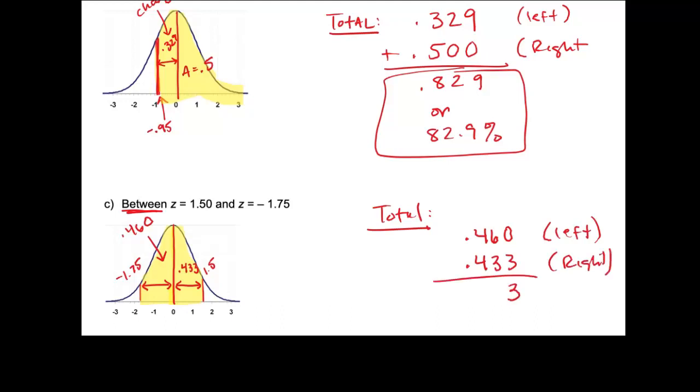I can add these together and I get 0.893, and you can also put a 0 in front of that if you'd like. As a percentage, if I move that decimal 2 spots to the right, we're looking at 89.3%. So 89.3% of values are going to be between z equals 1.5 and z equals negative 1.75. And remember that those z values are just the standard deviations away from the mean.